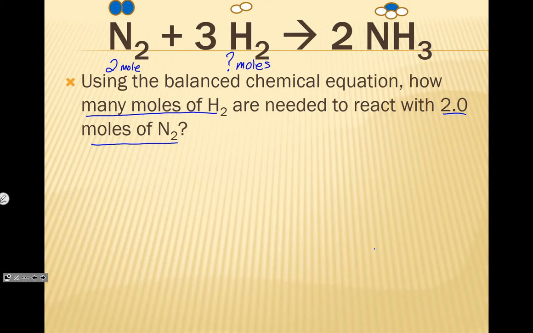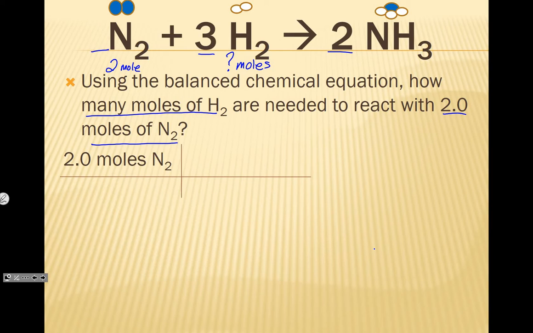Then to do the reaction, I always do my T-chart. And I write what I have to start with. So my 2 moles of nitrogen. Set up my T-chart. I don't want to be in nitrogen anymore. I want to get to hydrogen. And since I'm in moles, and since this is a mole to mole to mole ratio, I can use those numbers. I put what I want to get rid of on the bottom.